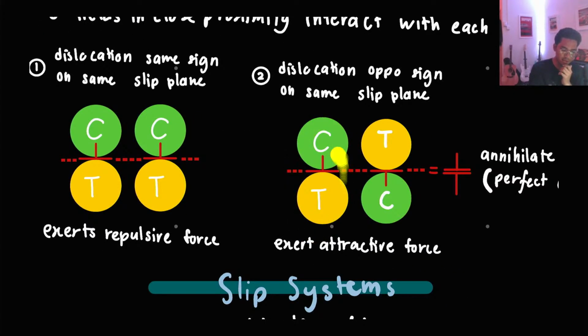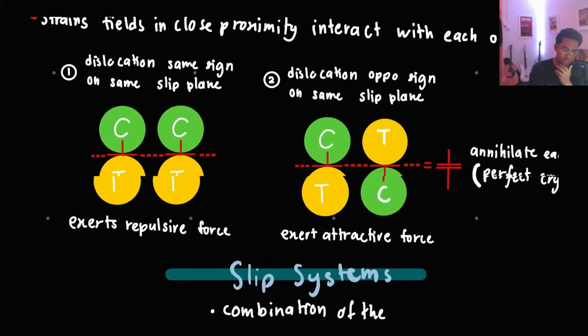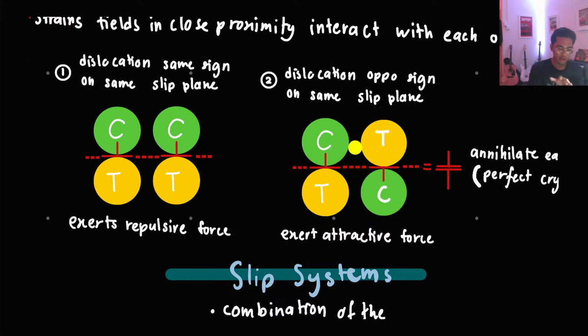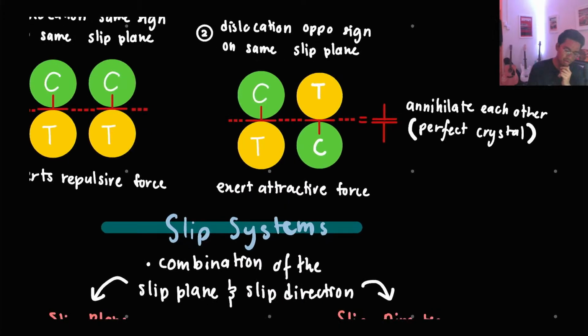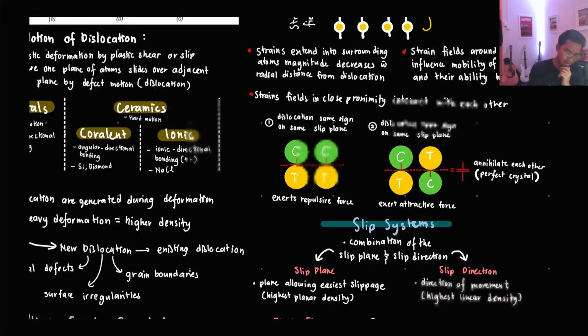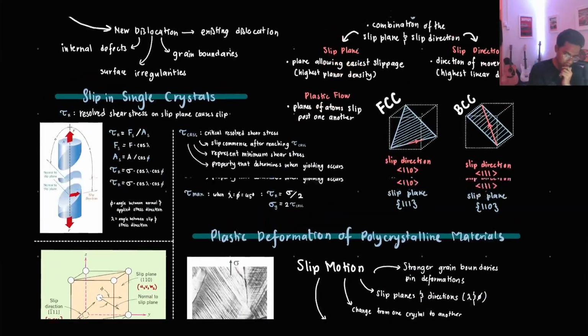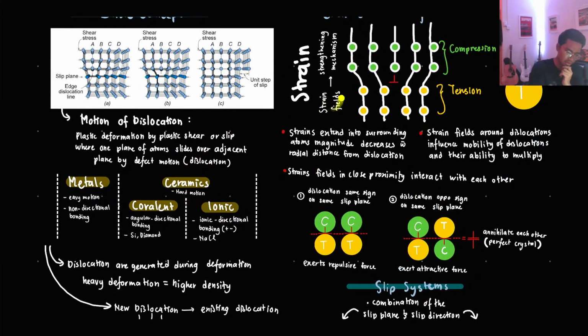So if the strain field is opposite, above compression, below tension, next to tension and compression, it will exert attractive force. Okay, so that is the basics of the strain fields.